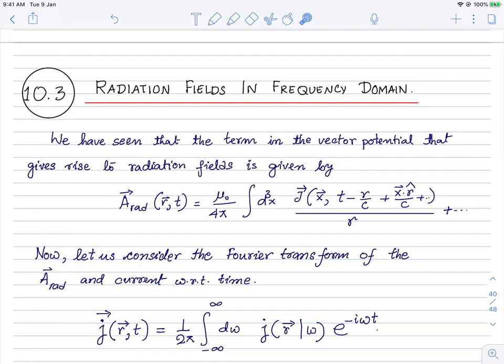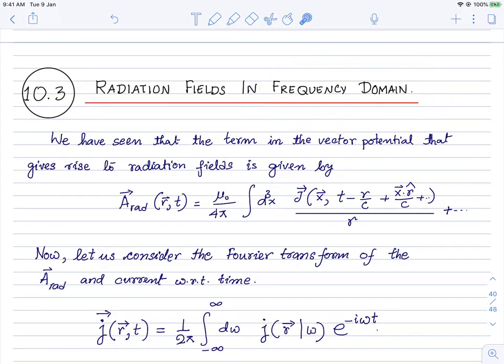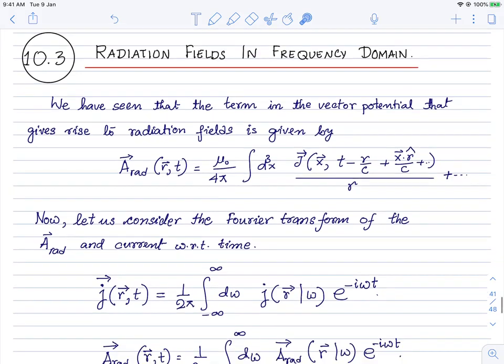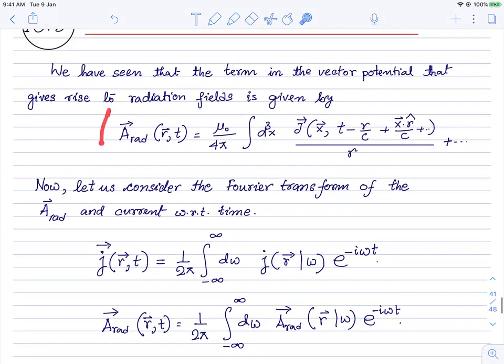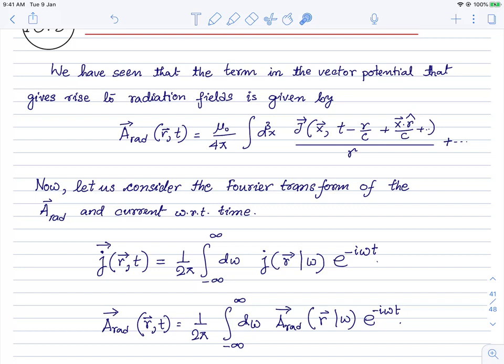So before going into the antenna, we can discuss radiation fields in the frequency domain, which is the same thing we discussed so far, in the Fourier transform basis. The radiation we have considered is produced by the 1 over r term in the vector field.